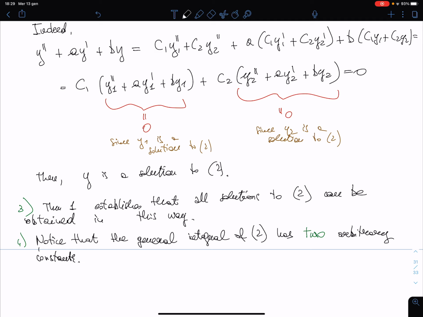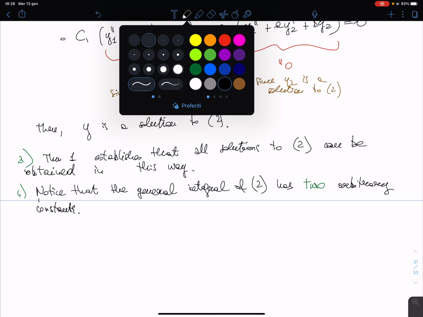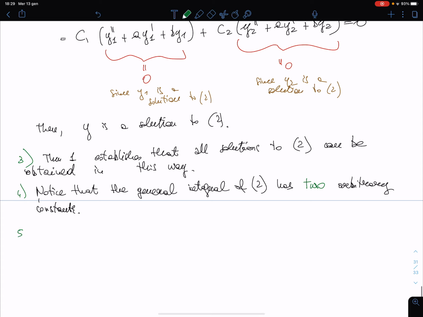So we need the two constants, like in the example of the falling object.